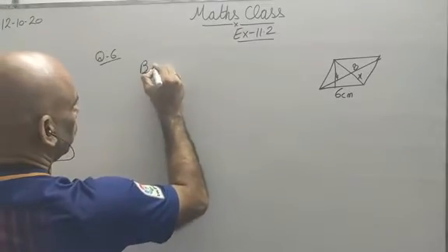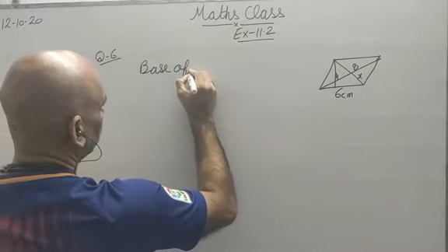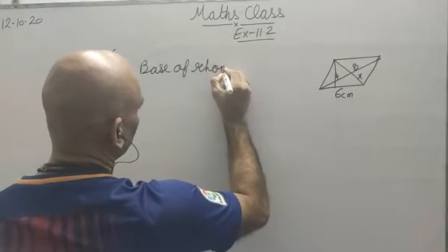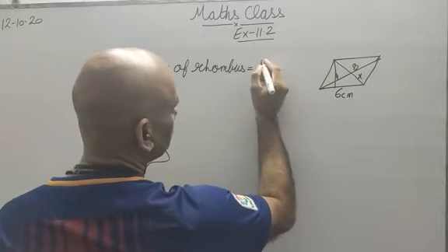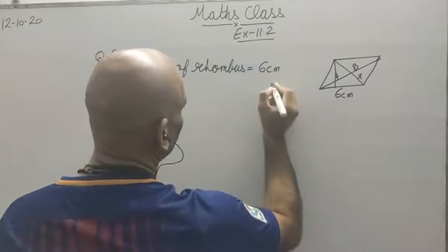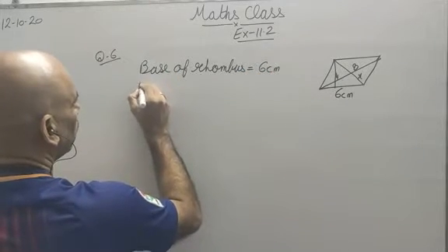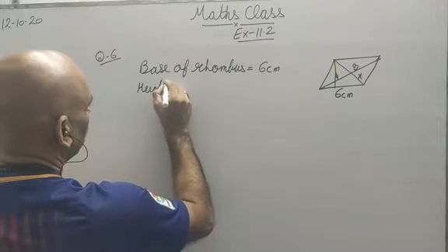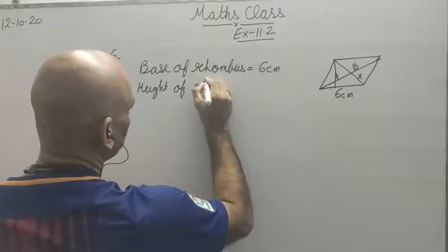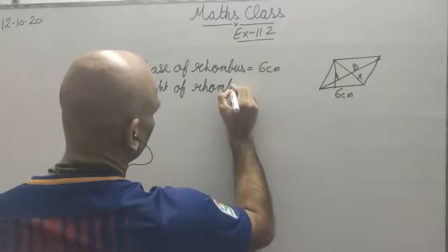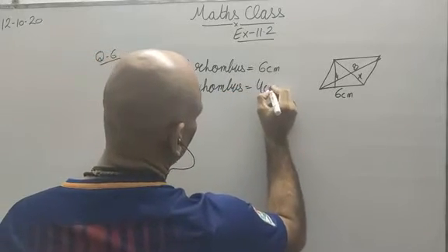So the base of the rhombus is 6 centimeter and the height of the rhombus is 4 centimeter.